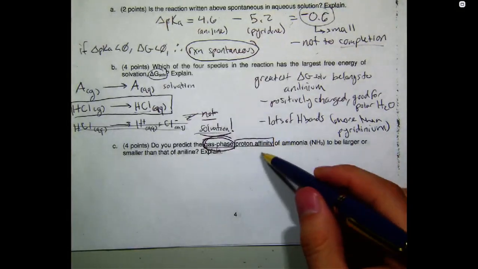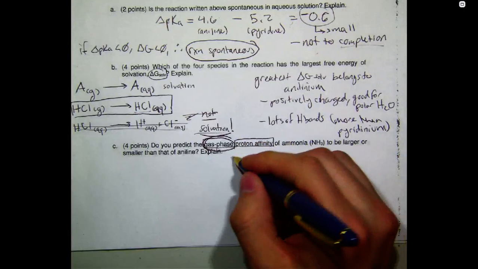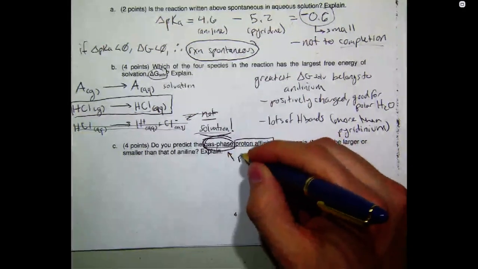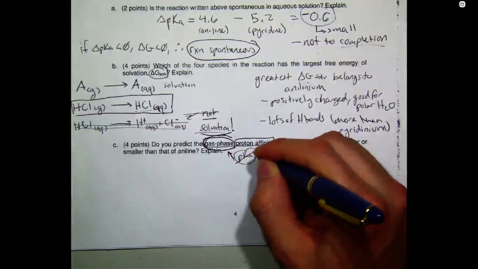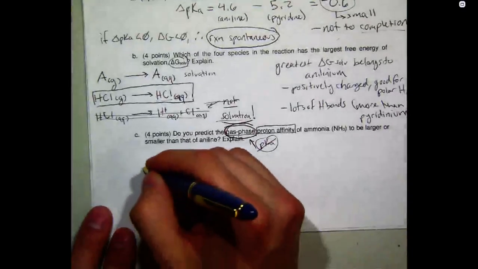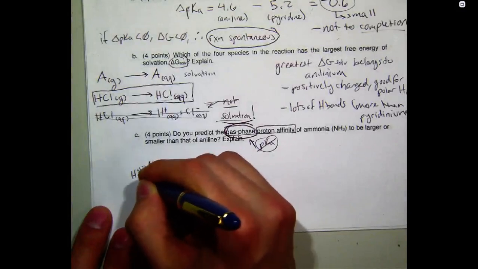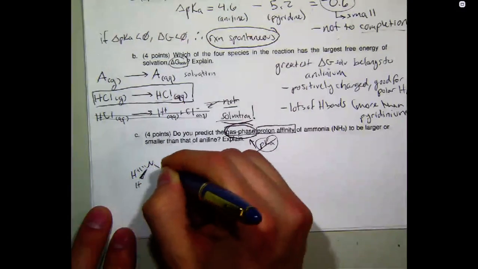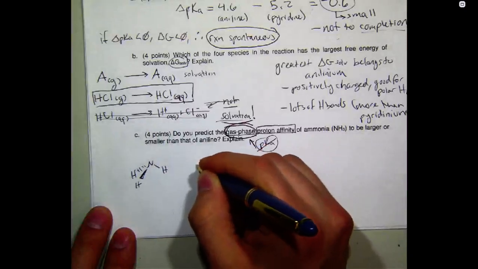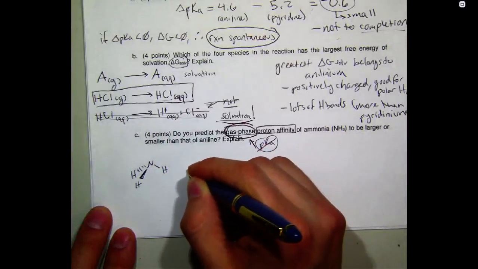And for the purposes of this question, we're only going to consider gas phase reactivity. So pKa is out the window. So let's draw the two molecules that we're going to consider here. We've got ammonia and aniline.